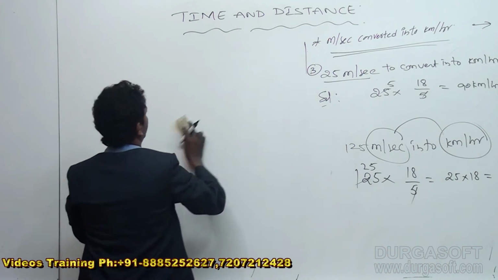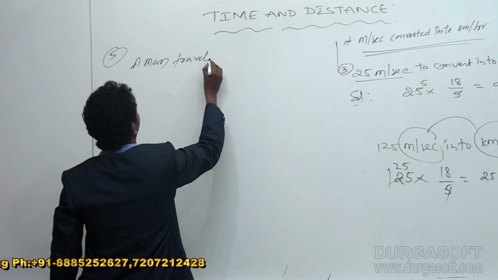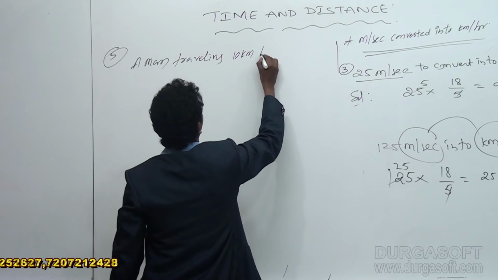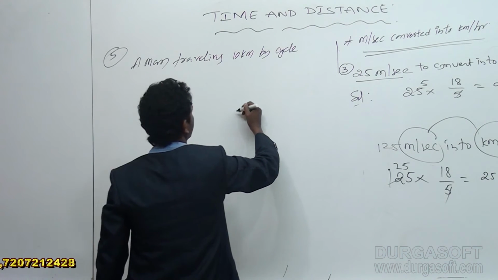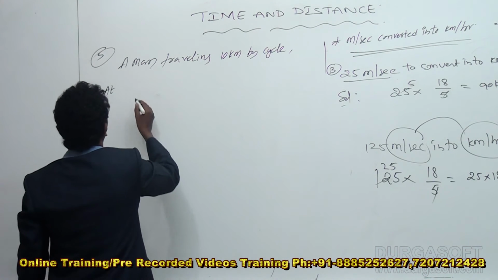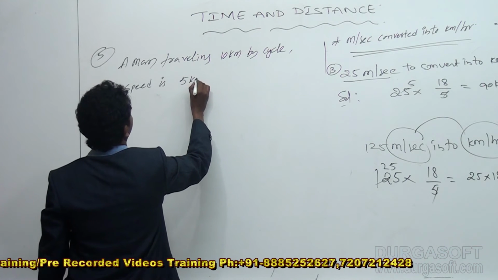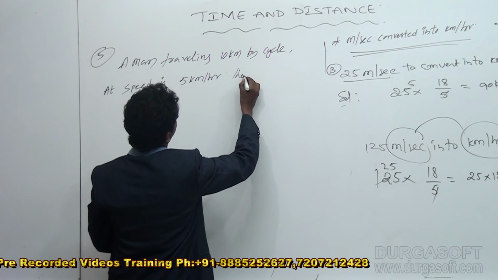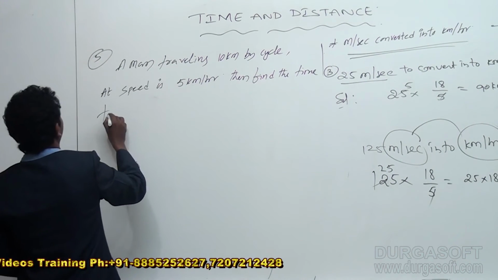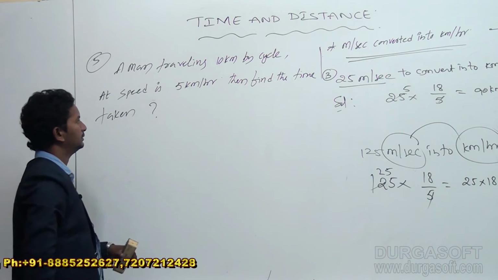Now the next problem is the fifth one. A man traveling 10 kilometers by cycle at the speed of 5 kilometer per hour, then find the time taken.